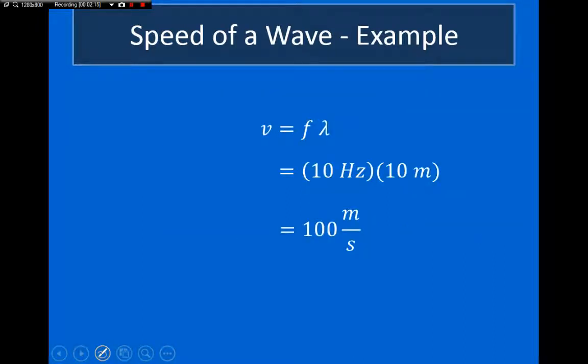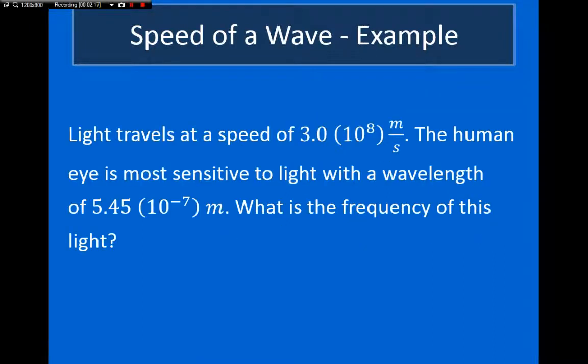And that's what I show here on the next slide. So in the next example, we want to consider light. Light moves at a speed of 3 times 10 to the 8th meters per second. The human eye is most sensitive to a wavelength of 545 nanometers. What is the frequency of this light? So again, all we have to do is use the same formula and just rearrange it to solve for frequency.